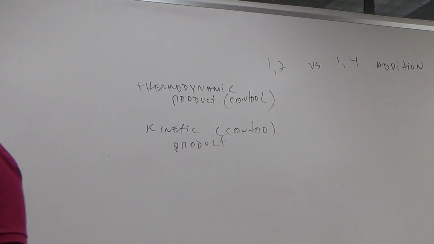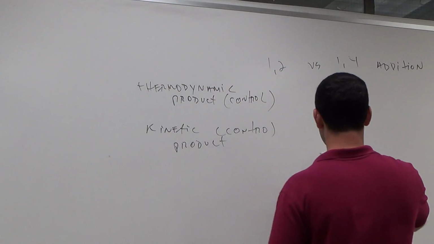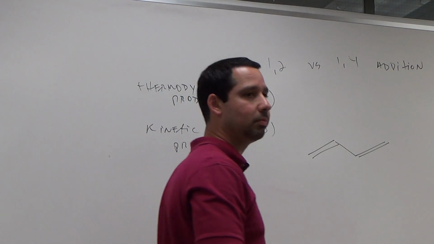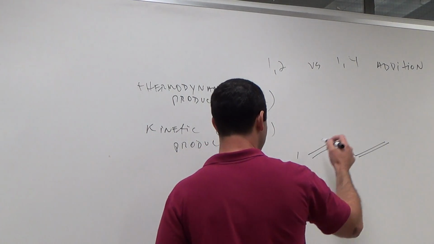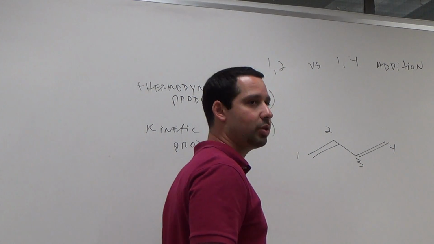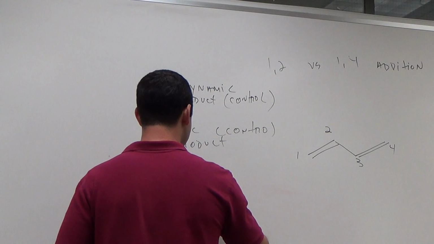Kinetic is about the speed, and thermodynamic control is about stability. So this happens for dienes. Is that a diene? Yeah. That is a diene. This is 1, this is 2, 3, and 4. Yes or no?